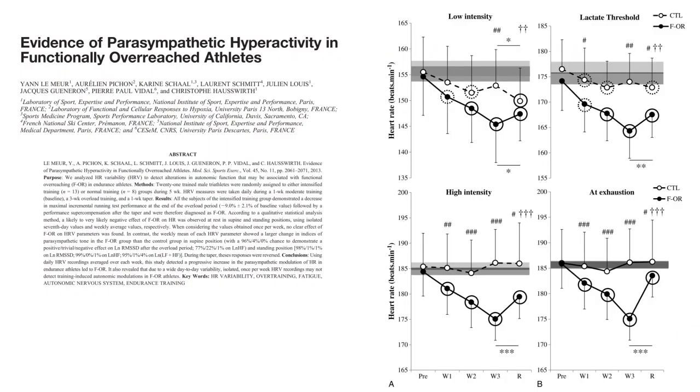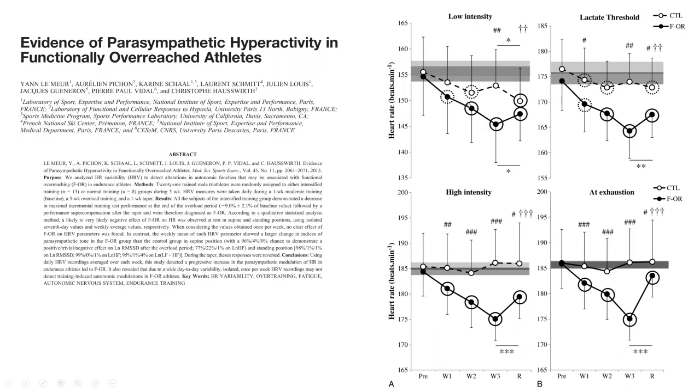Here's an example. Here you see a study where 2 groups of athletes were trained heavy. They increased their training load, but some of these athletes did not show a heavy response or an overreaching response, and some of them did.